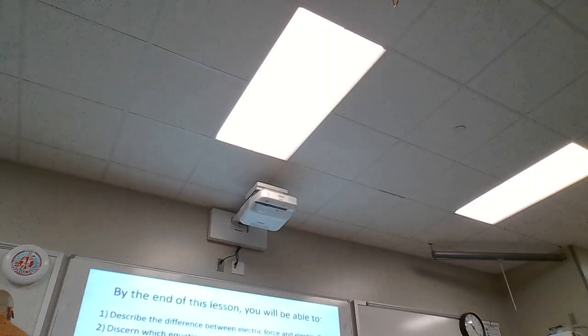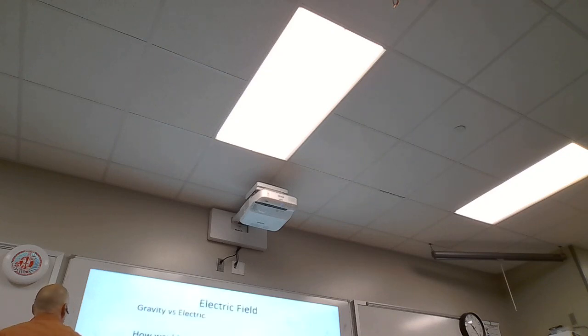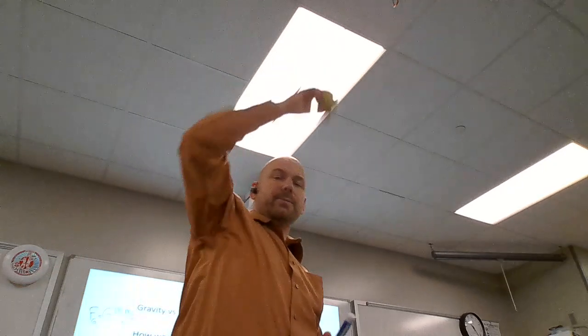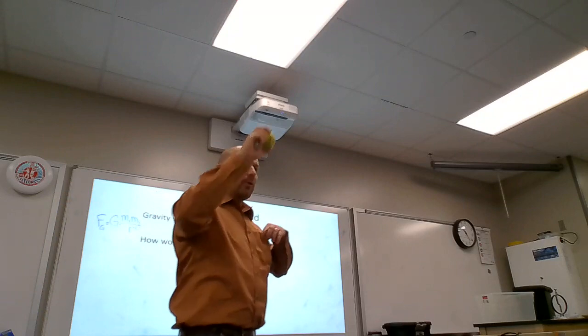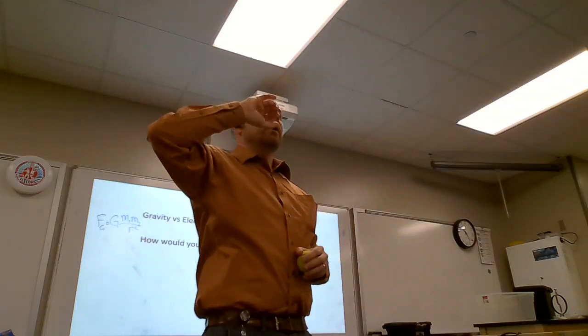Because in order to have a force of gravity, you need two masses. You've got the mass of the Earth, and then you've got the mass of the tennis ball. But if you only have one mass right there, looking at this location, there's no force of gravity. But we can say there's a gravitational field at that location.